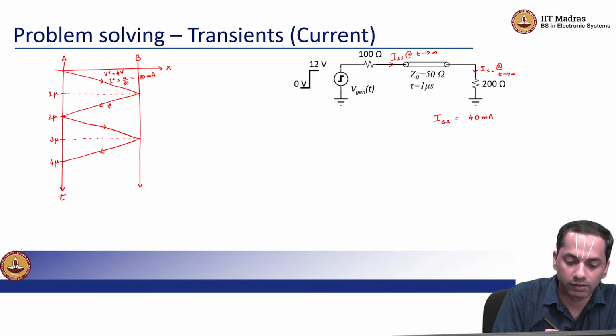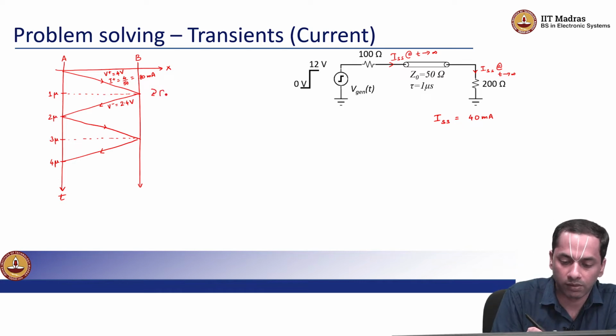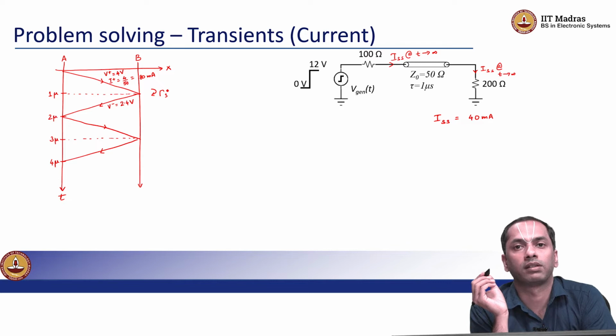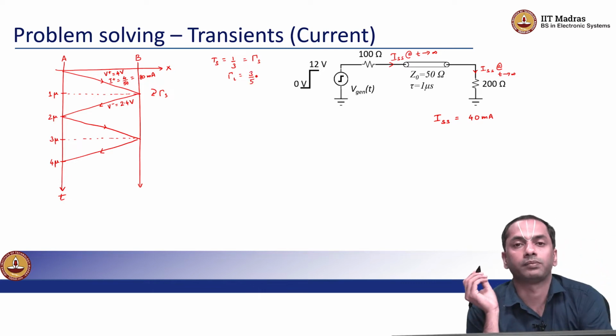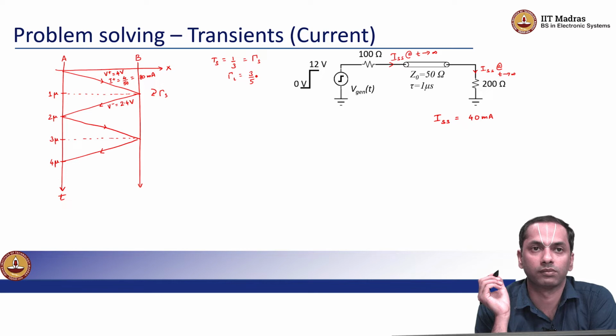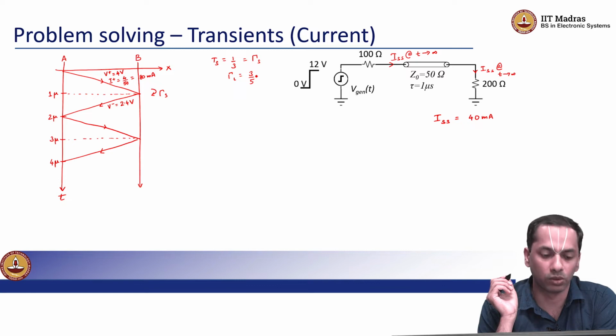Now in this direction, we said V minus was 2.4 volts. How did we get that? We had a gamma S, right? So let's recall Ts was 1/3, which was also equal to gamma S, and gamma L was 3/5, right? So we said that 2.4 volts would be sent back at the load.